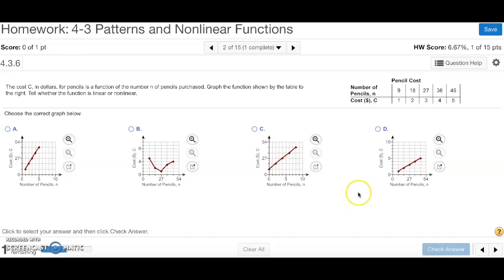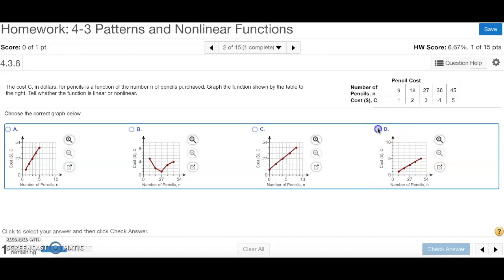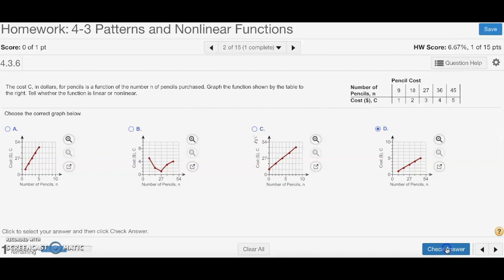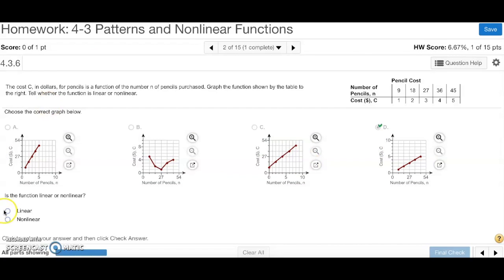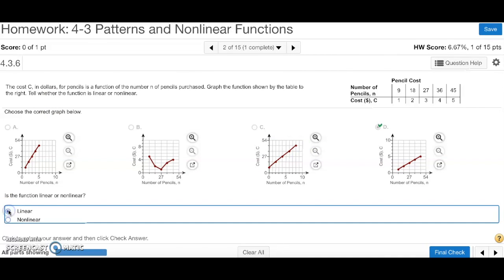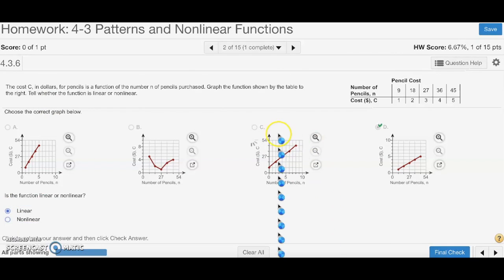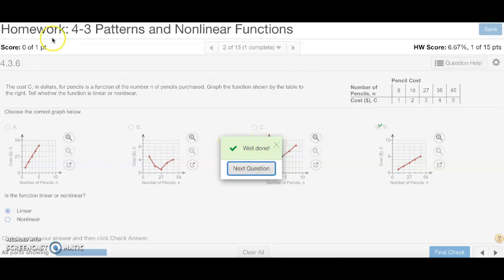Only one of those has that, and that's D. The other ones put 0 through 10, which is going to represent the cost along the bottom, where the cost is a dependent variable, or the y. So that means it's going to have to be D. So as we already established, it is linear. And that's the answer for number 2.